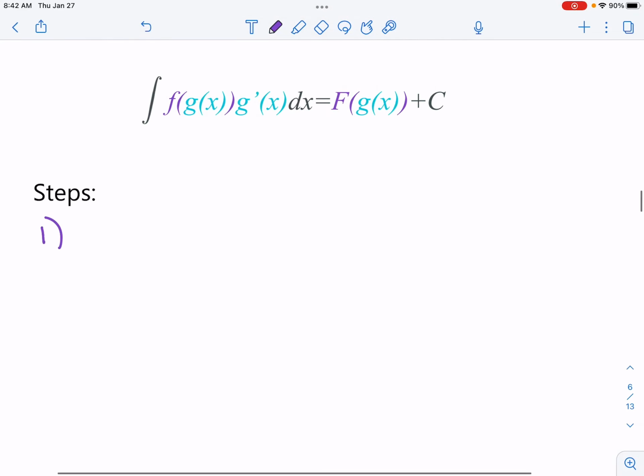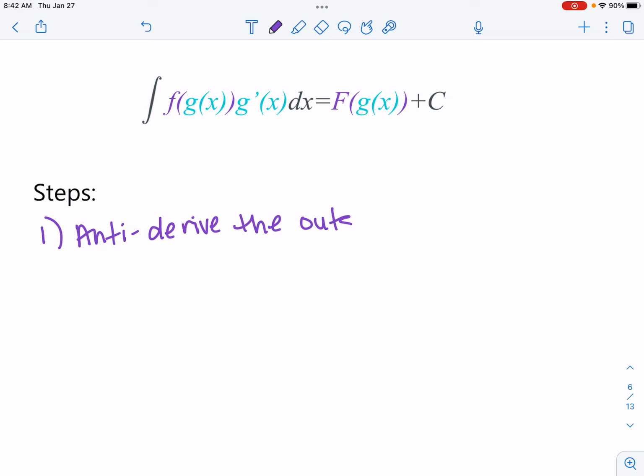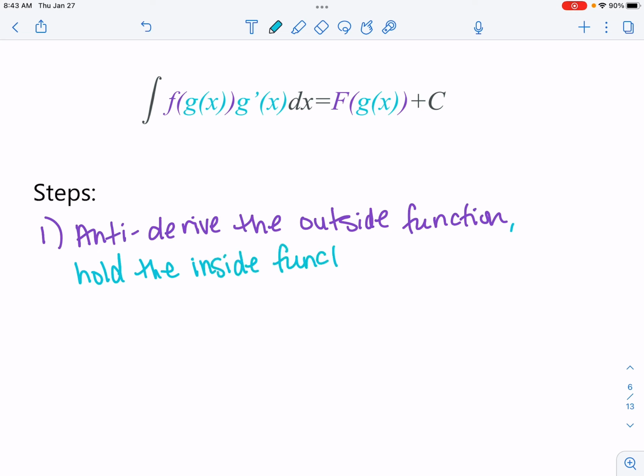Step 1 will be to anti-derive. Go ahead and write this. The outside function. And during this step, just like before, we are going to hold the inside function and the inside function's derivative.